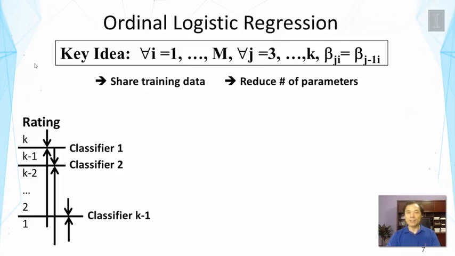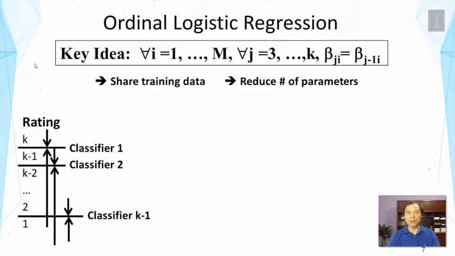Now, in effect, this would allow us to have two positive benefits. One is it's going to reduce the number of parameters significantly. And the other is to allow us to share the training data, because all these parameters are assumed to be equal. So these training data for different classifiers can then be shared to help us set an optimal value for beta.